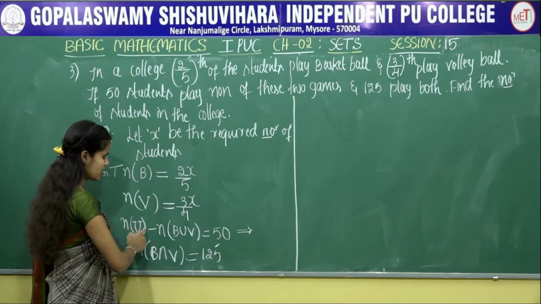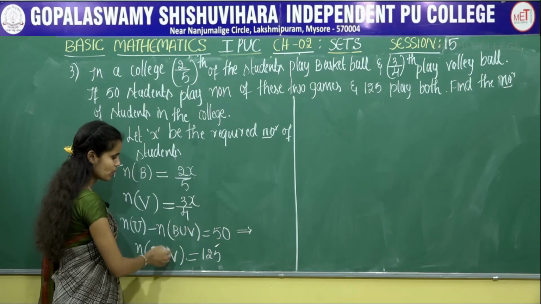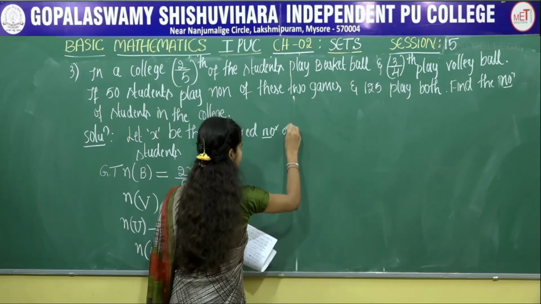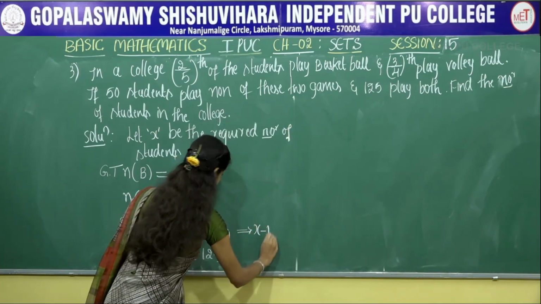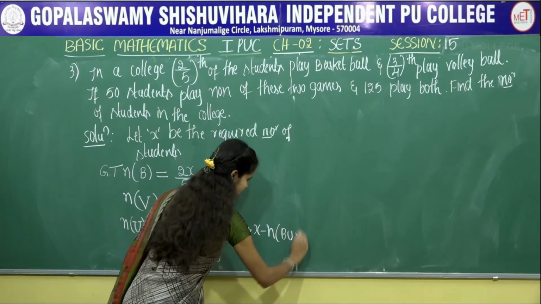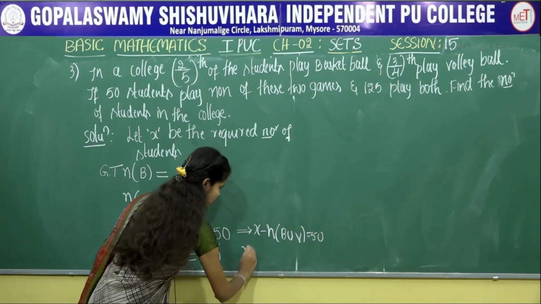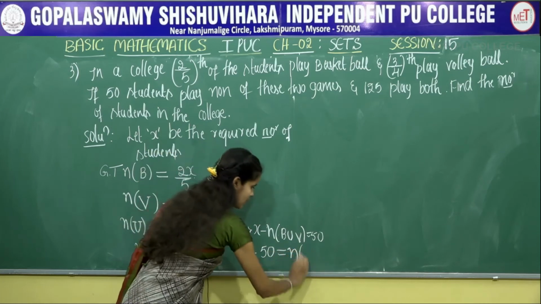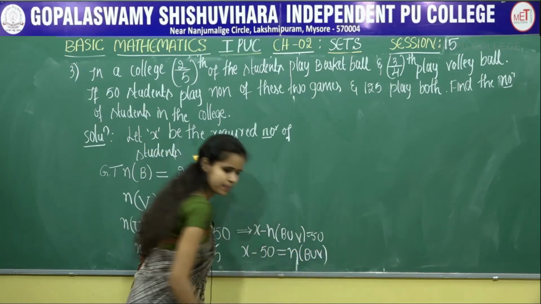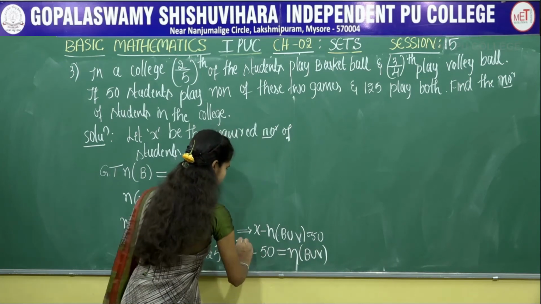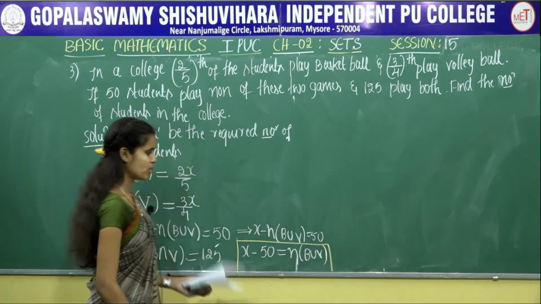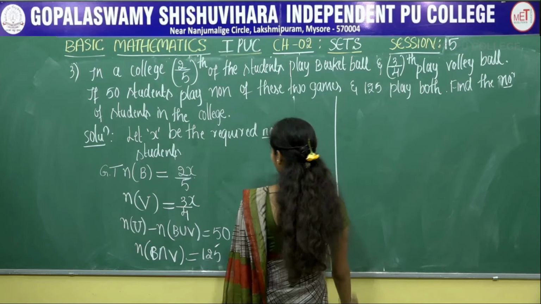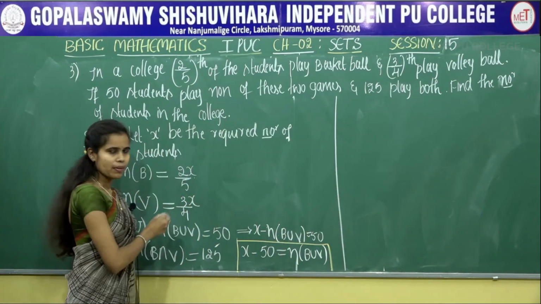We denote it by x, that is x minus n of B union V is equal to 50. So take this term towards the left side, it becomes minus 50. Take this term towards the right side, it becomes plus n of B union V. So n of B union V is equal to x minus 50. So first find the total number of students, meaning find the value of x.